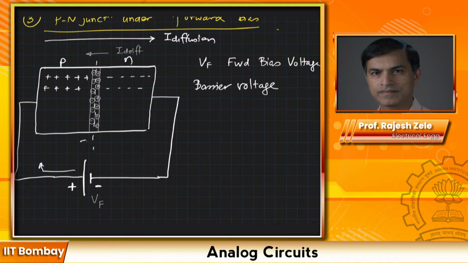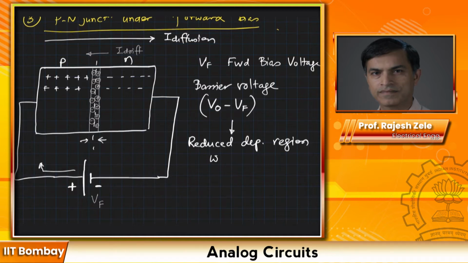The barrier voltage is here at the interface. That would change from V0 to V0 minus VF. Okay. And we will also see reduced depletion region width.